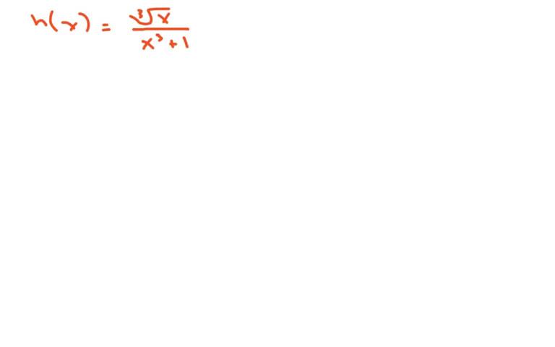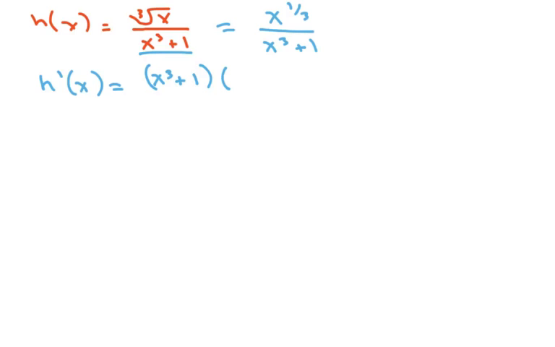Next one we have has a radical in it. So I'm just going to rewrite this real quick. It's x to the 1/3 over x cubed plus 1. So we take the derivative of h. I'm going to write down your denominator, which is going to be x cubed plus 1 times the derivative of the numerator, which is 1/3 x to the negative 2/3.